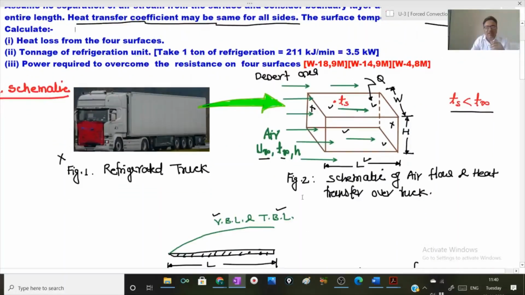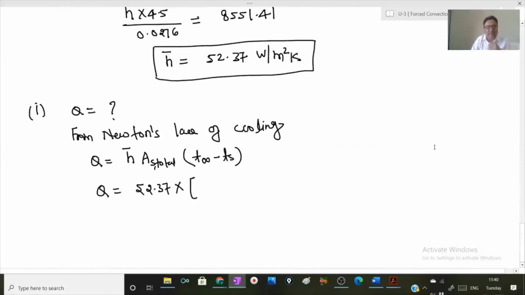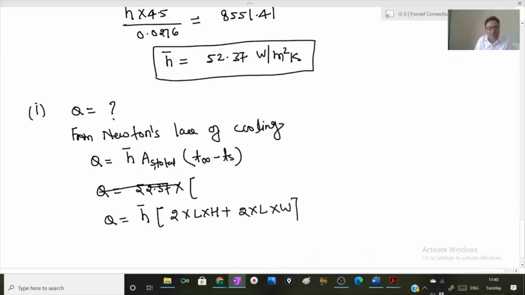And surface area. There are two surfaces of L into H and there are two surfaces of L into W. So total surface area will be, let us generalize, h bar into twice L into H and twice L into W, this is the total surface area, into T infinity minus Ts.